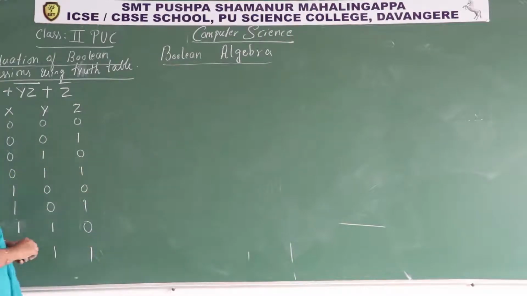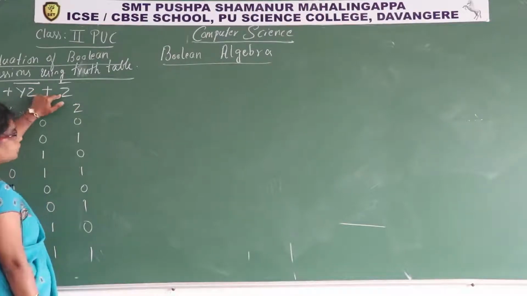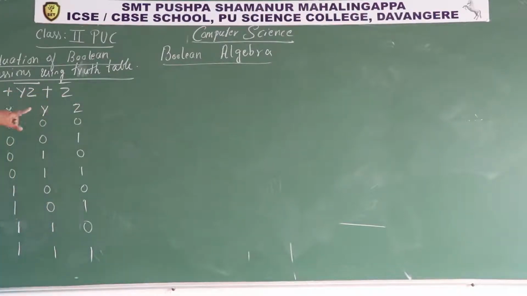Next, so now how to evaluate this expression? x plus yz whole bar plus z bar. Actually evaluate means he has to give the RHS also, but sometimes they will give an expression like this. So you have to write the truth table for this.